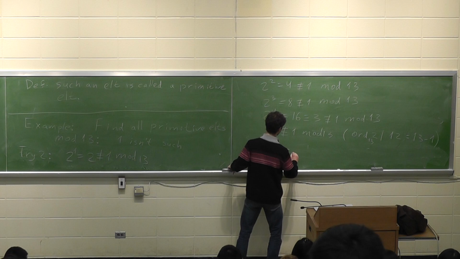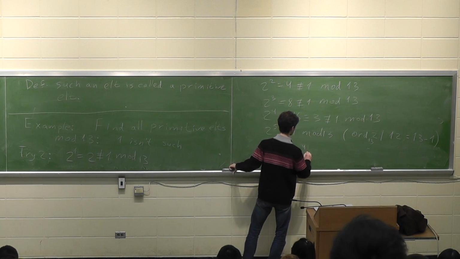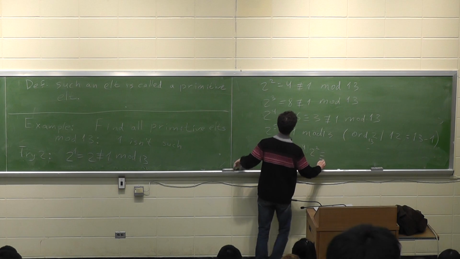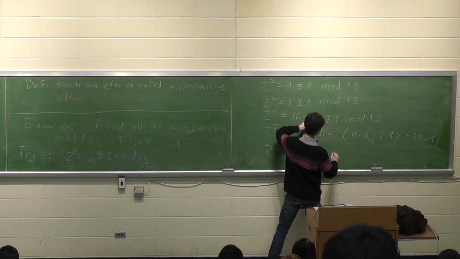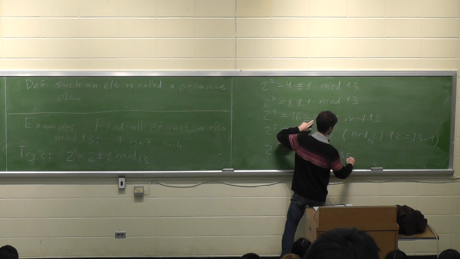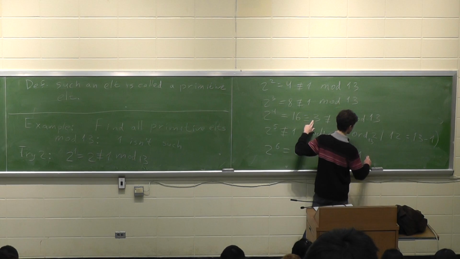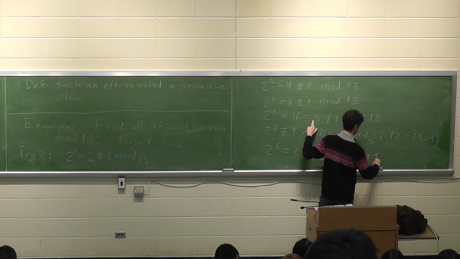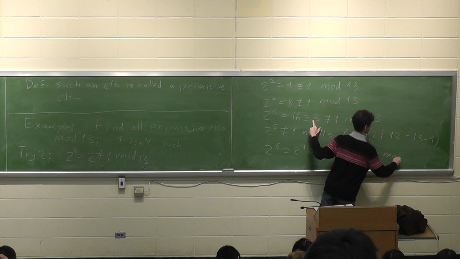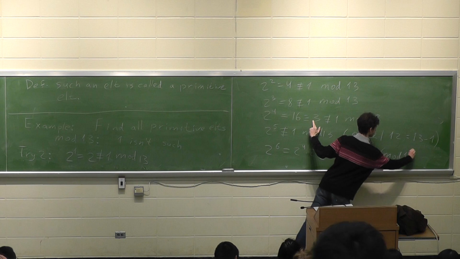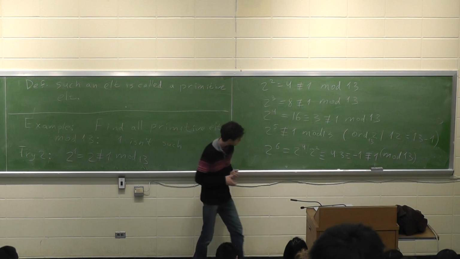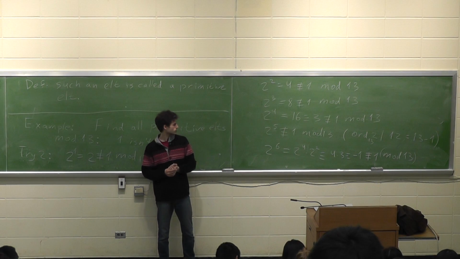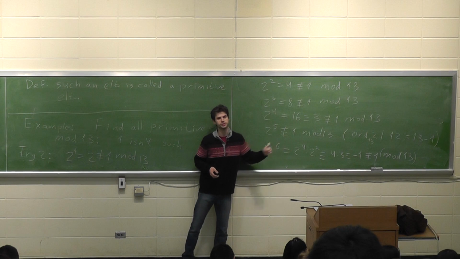So it's 2 to the fourth times 2 squared, which is 4 times 3, which is minus 1 modulo 13. So 2 to the power 6 is minus 1.